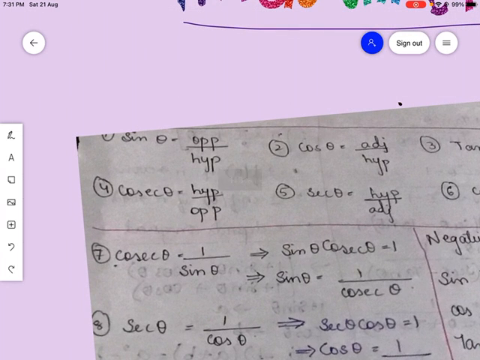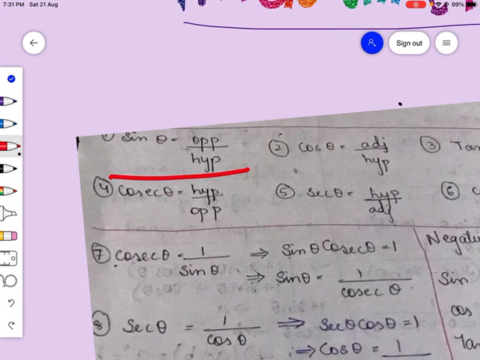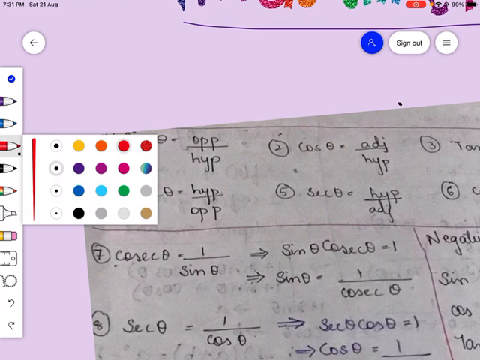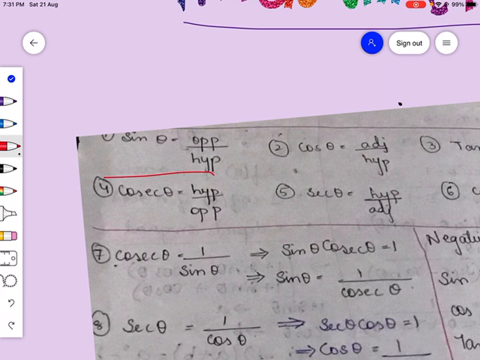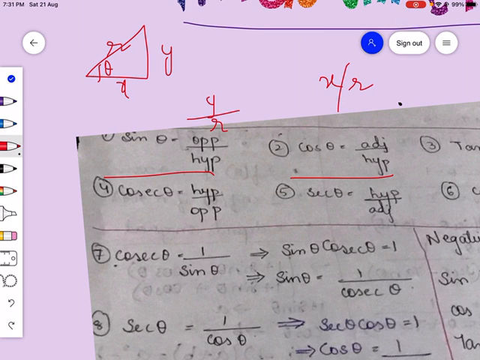So sine theta equal to what? Sine theta is equal to opposite by hypotenuse. What was our opposite? This was our triangle, and this was r. This was your theta, this was your y, and this was your x. So opposite to theta was y by r, that is the hypotenuse. Cos theta is adjacent by hypotenuse, x by r.